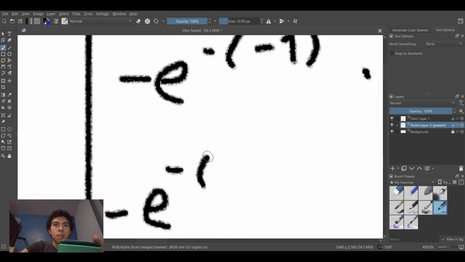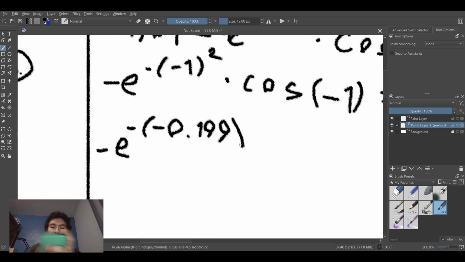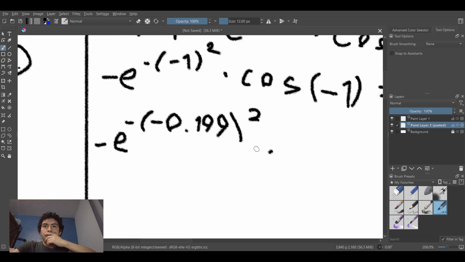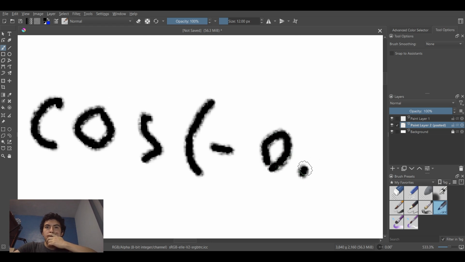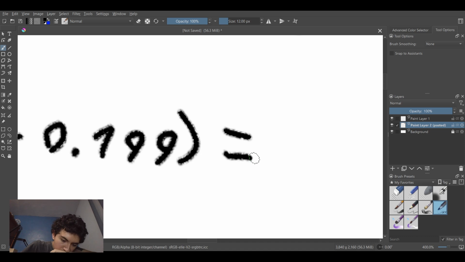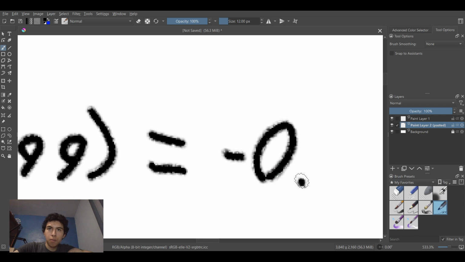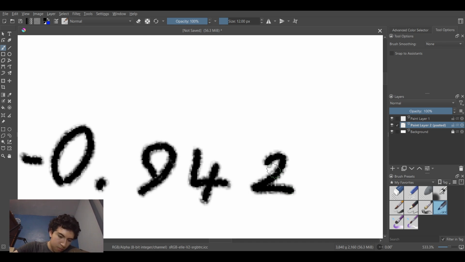So minus e to the minus 0.199 squared times cosine of minus 0.199 is going to be equal to minus 0.942. Yeah, leave it like that.